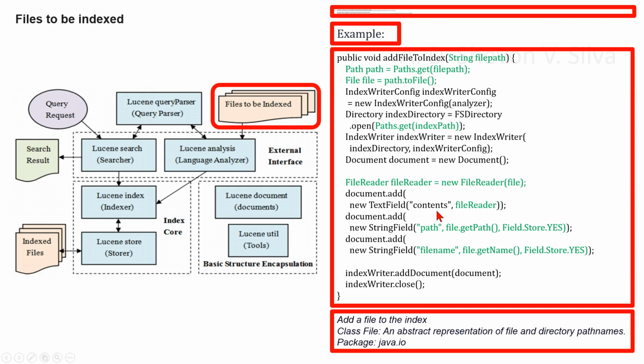Note that we pass the file reader instance as the second parameter to the text field. The document is added to the index using the index writer. The third argument in the text field or string field constructor indicates whether the value of the field will also be stored. Finally, we invoke the close method of the index writer to gracefully close and release the lock from the index files.